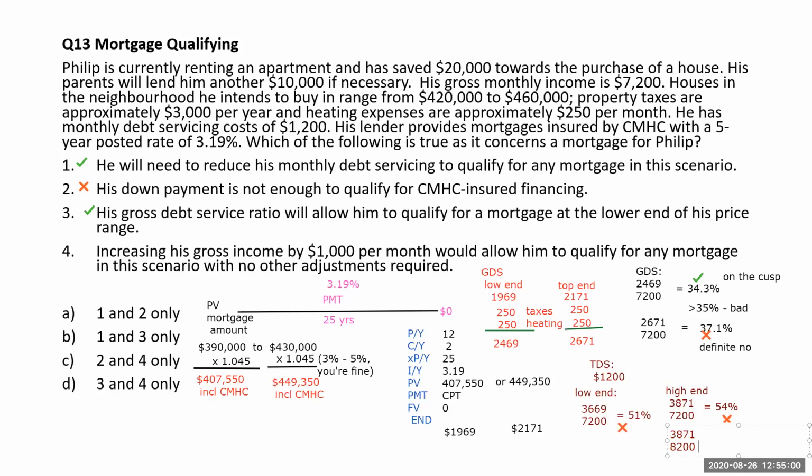So it's a good point, Ron. Yeah, I had noticed that too, actually, as I was reading through the question here, that I do have that sort of absolute statement. Although to some extent, these are all absolute, aren't they? So 3871 divided by 8,200 still puts me at 47%.